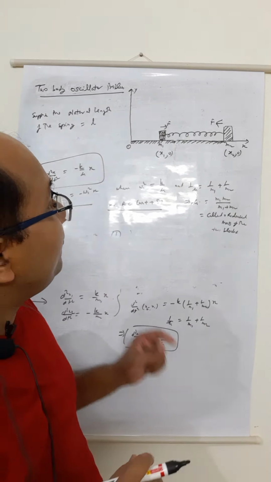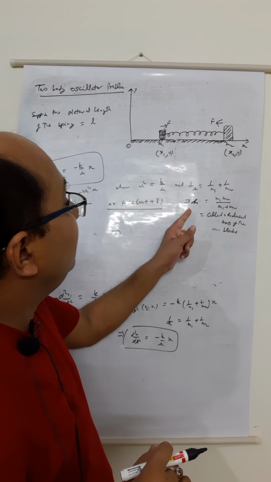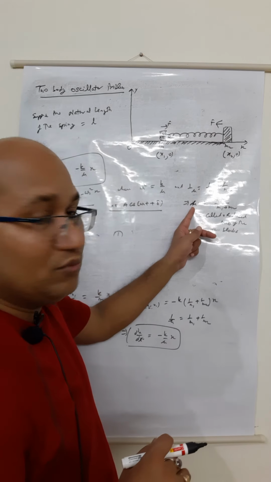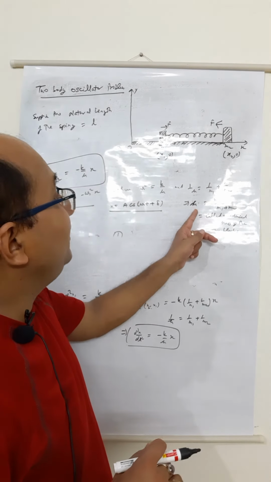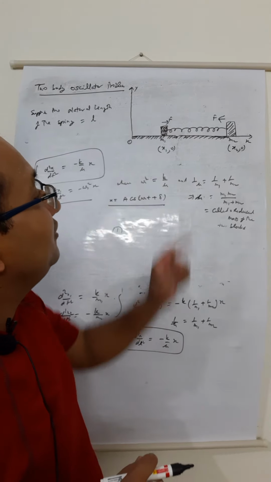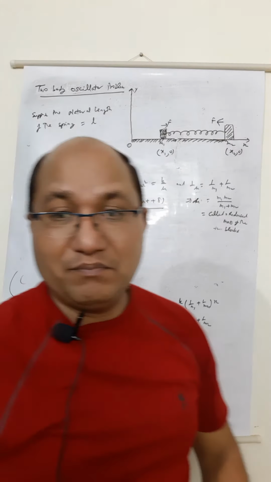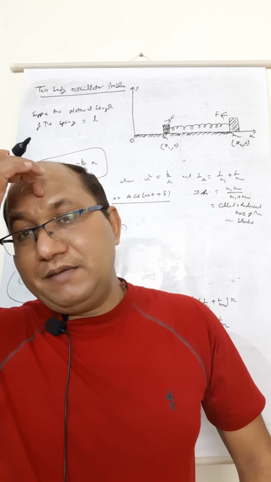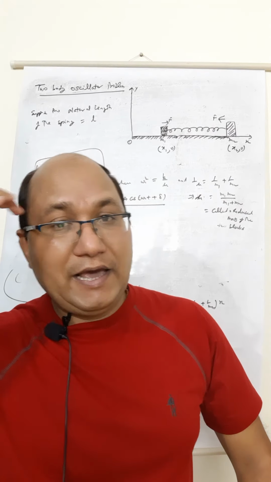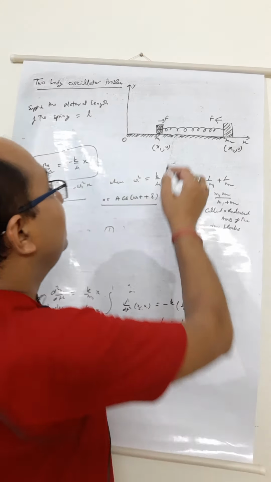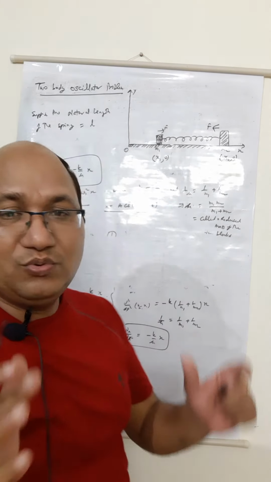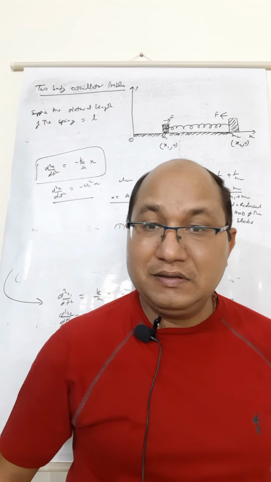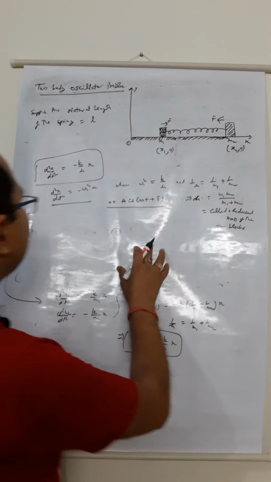That means if a mass of mu is attached to a single spring by one end, then it will have the same period of oscillation as it would have if two bodies were separately attached by both ends of the spring.